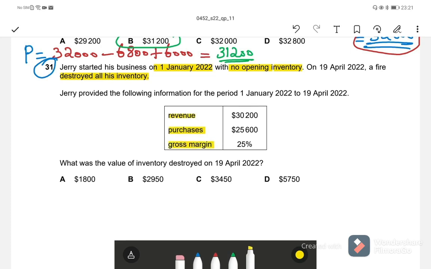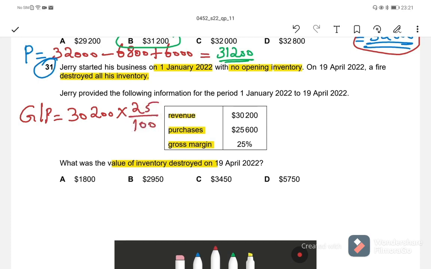What was the value of inventory destroyed or closing inventory? First we have to calculate the gross profit, then the cost of sales. Gross profit is equal to 30,200 multiplied by 25 divided by 100, so the profit is 7,550.